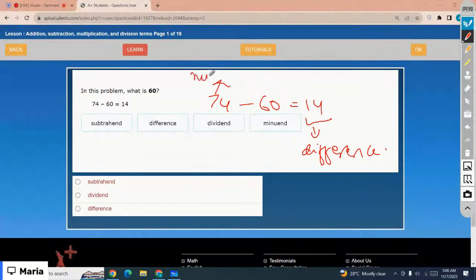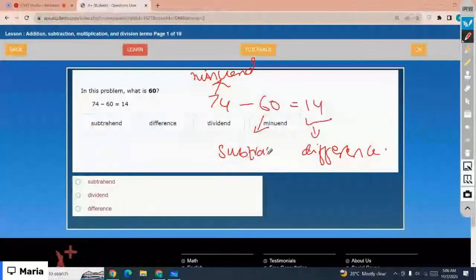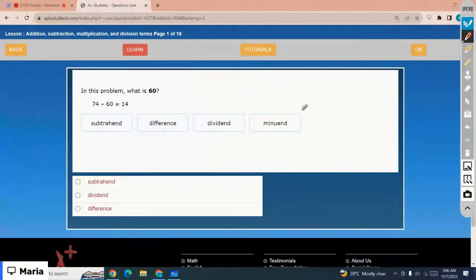This is the minuend, and this is the subtrahend. Minuend means the number you're going to subtract from, 74. Then 60 is the subtrahend, that is the number that you're going to subtract, and the answer is the difference. So the correct option is subtrahend. Got it?